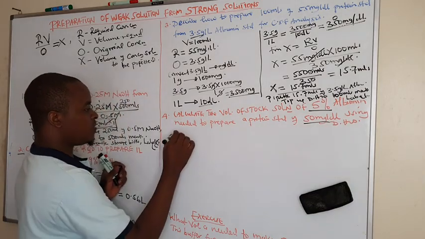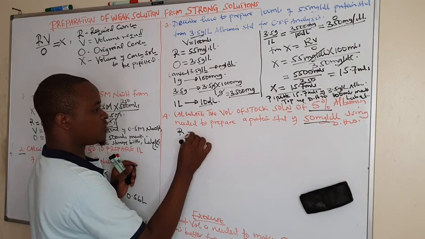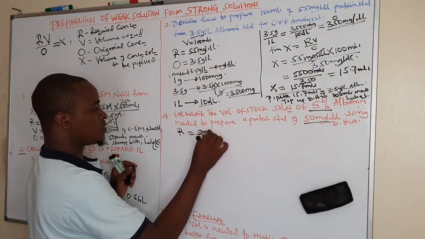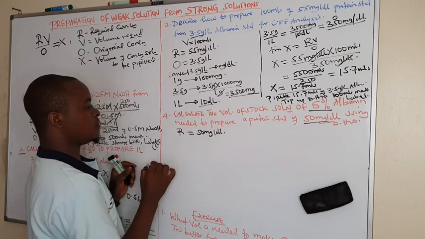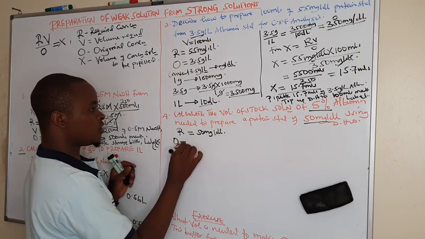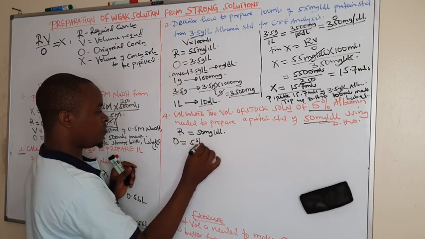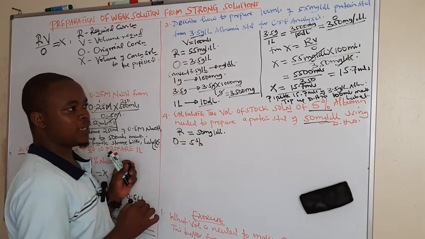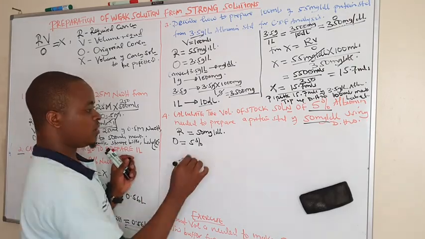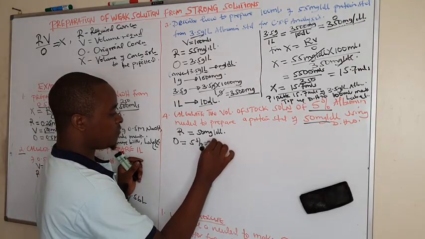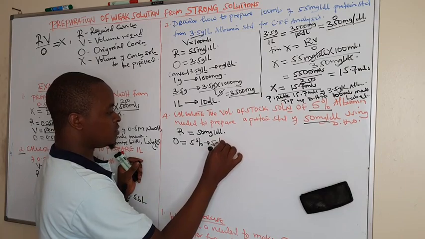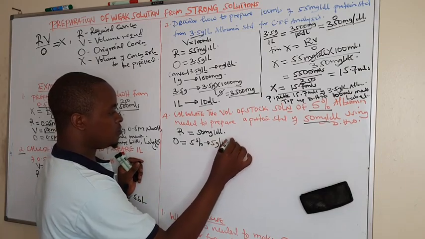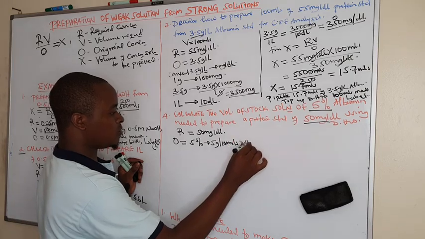So we have required concentration as 50 milligrams per deciliter. The original concentration is 5%. And what does the 5% mean? 5% means 5 grams dissolved in 100 mils of distilled water.